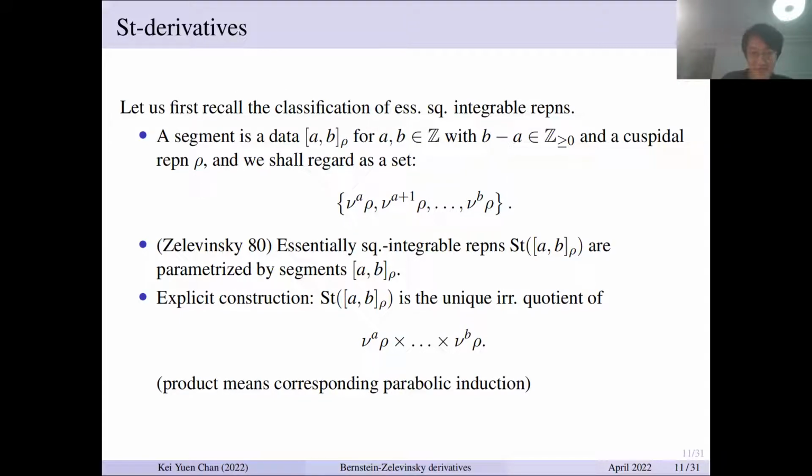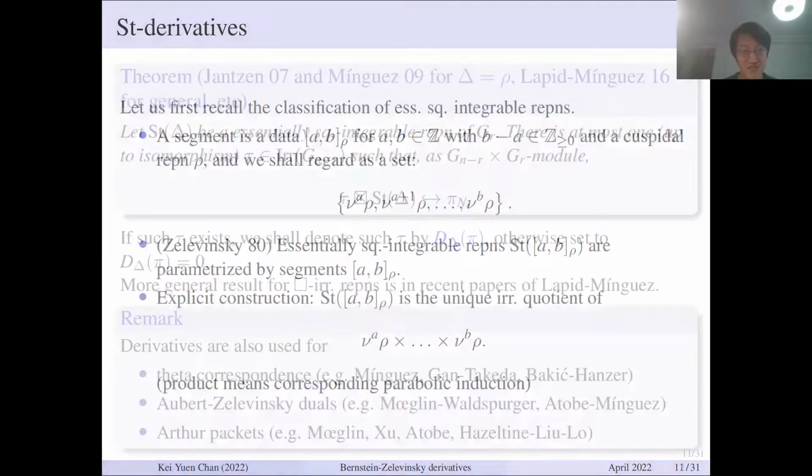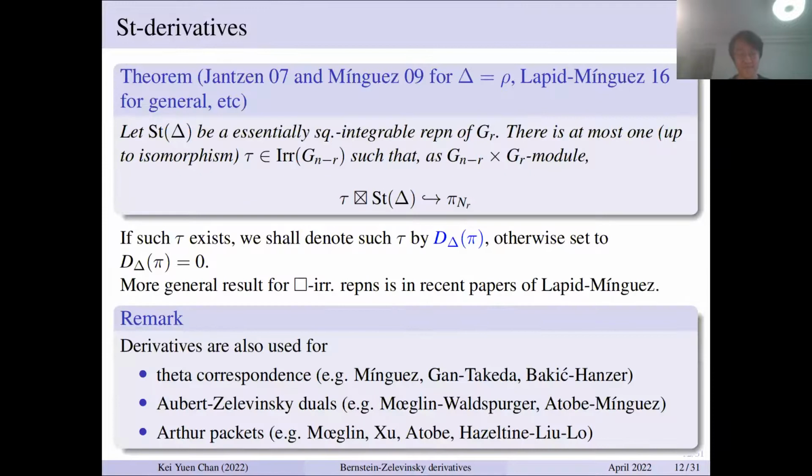Okay, so then we need this thing. Then we need to do derivative. So then the basic result is this theorem. Let's see what it says. Let delta be an essentially square-integrable representation of G_r for some r.